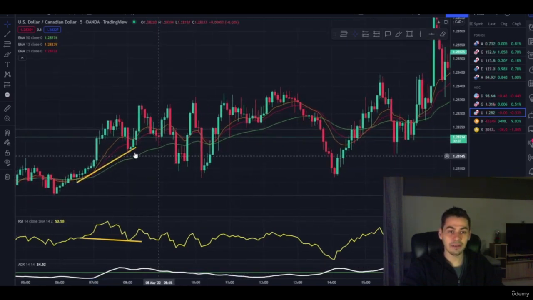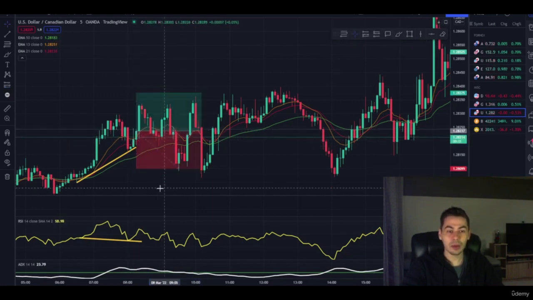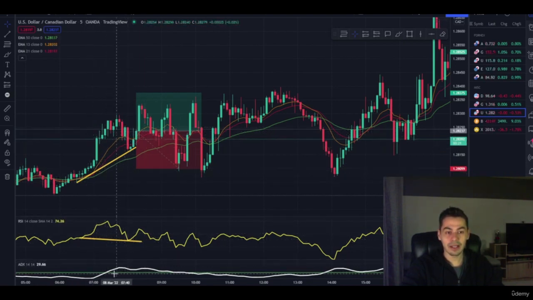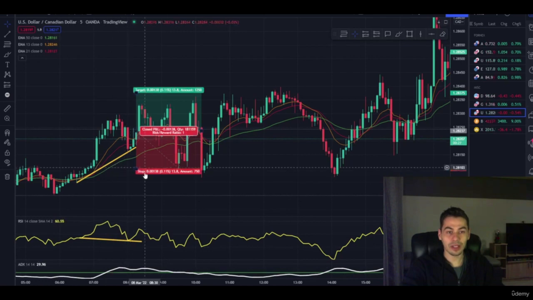In this case, I think the confirmation would be these 3 green candles, including this nice bullish candle. So this will be our entry right here. As you can see, all the conditions are met: hidden bullish divergence, we are in an uptrend, and the ADX agrees with us, being over 21.